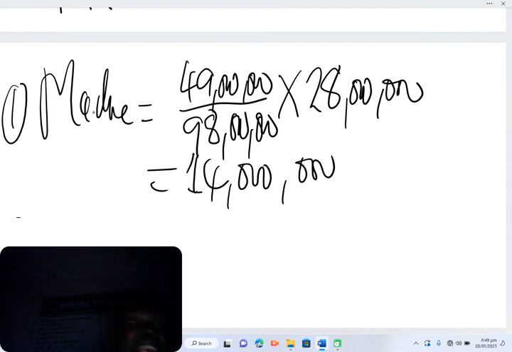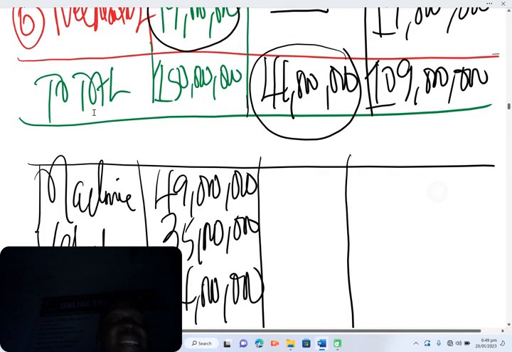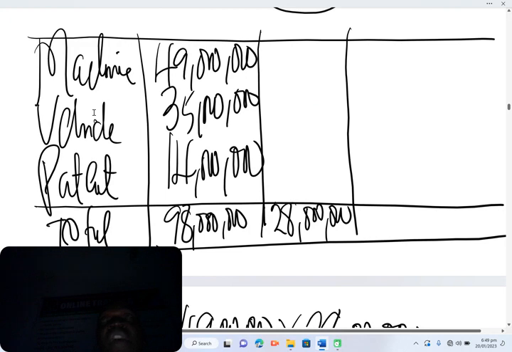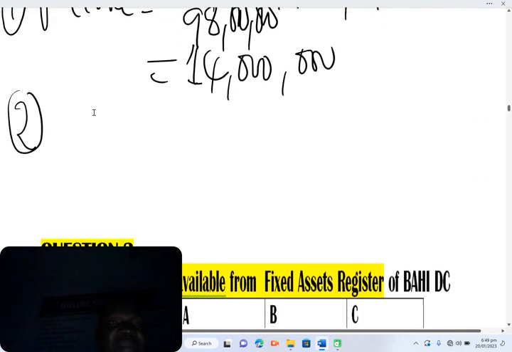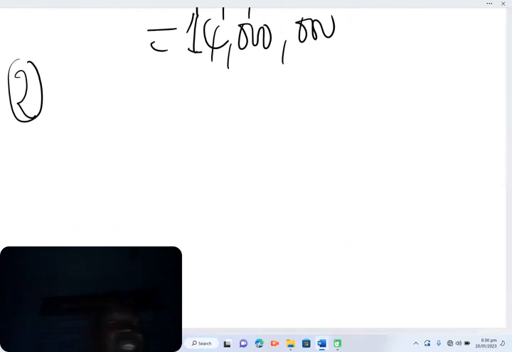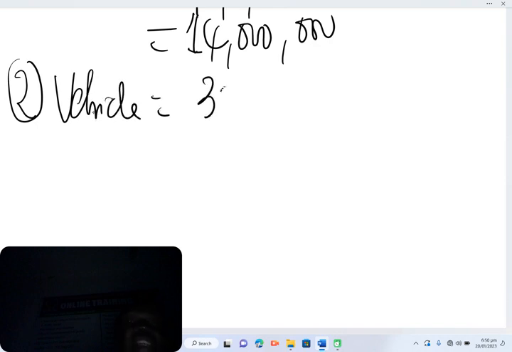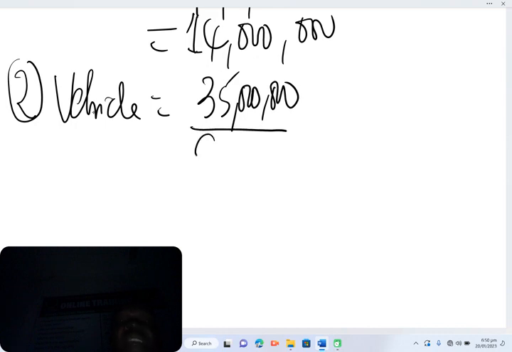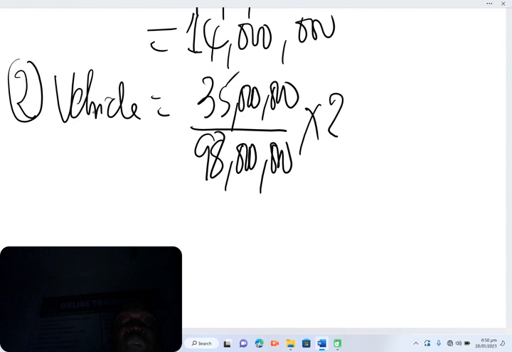We move to the next asset, which is the vehicle. So the carrying amount of the vehicle is 35 million, divided by 98, and on pro rata to 28.